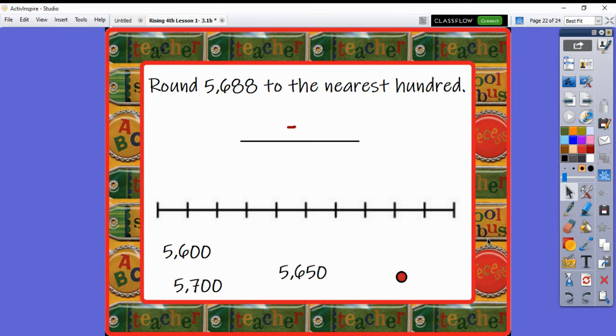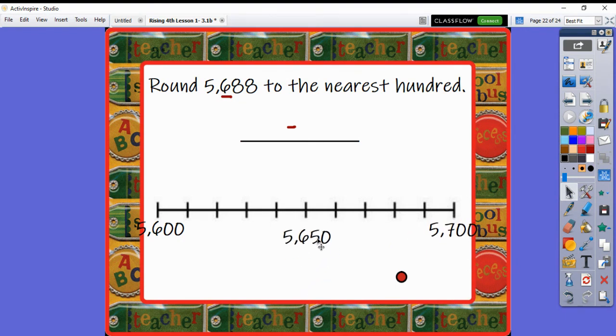All right, so the digit in my hundreds place is a 6. The value in this number is 600, 5,600. The next 100 after 600 would be 700, 5,700. The halfway point is 5,650.